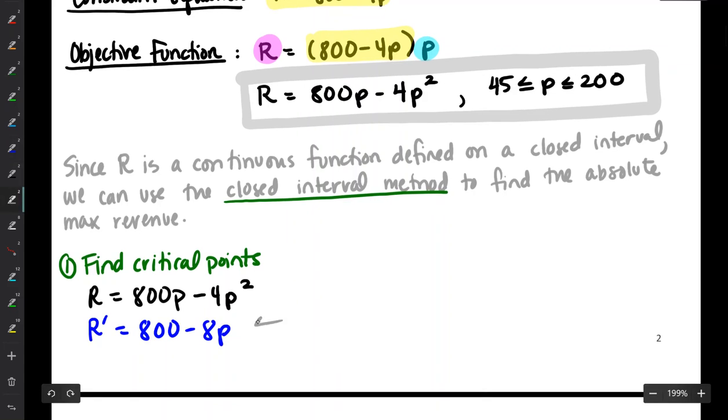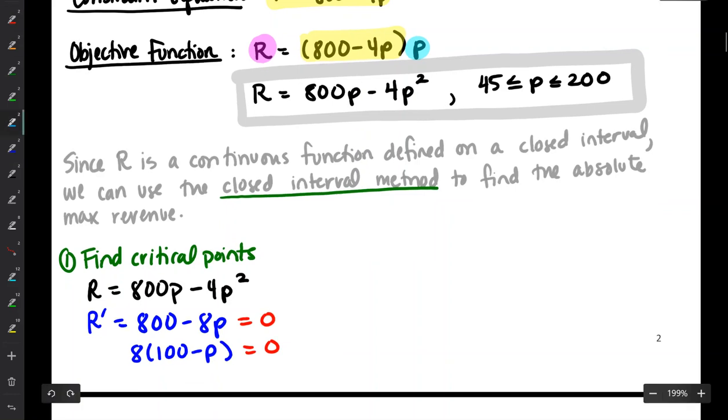There are no domain restrictions here, so there are no places where the derivative is undefined, but there is a place where the derivative is 0. Factoring out the 8, 8 times (100 minus p) equals 0, we see that we have a critical point of p being 100. All right, p equals 100 is our critical point.